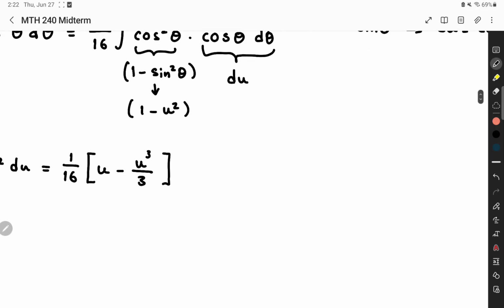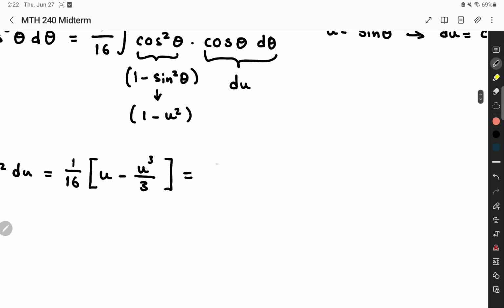Now we're not done yet because we still have to undo our u substitution. So this is technically 1 over 16 times sine theta minus sine cubed theta over 3.